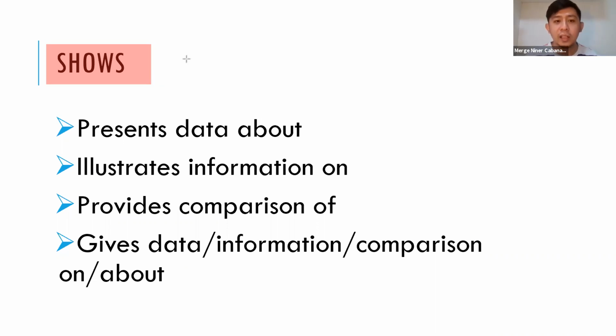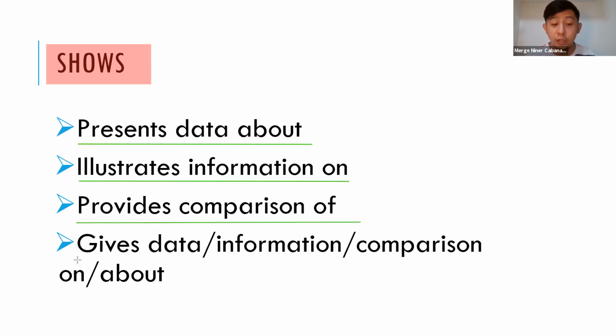So what are the sample words that you can use to replace the word shows? Presents data about, illustrates information on, provides comparison of. You can use gives data on trees planted in Brazil, gives information on the weight changes of Julie, gives comparison about the basketball teams A, B, and C. Or you can simply use the word compares information on.